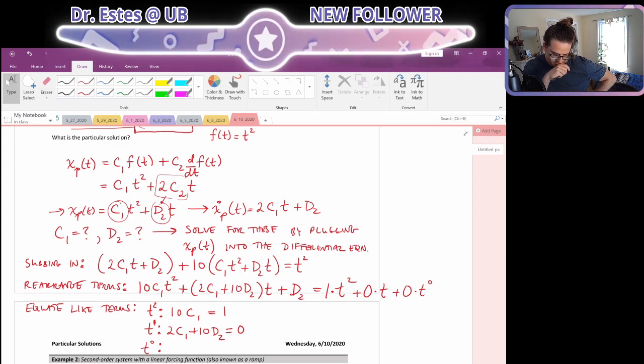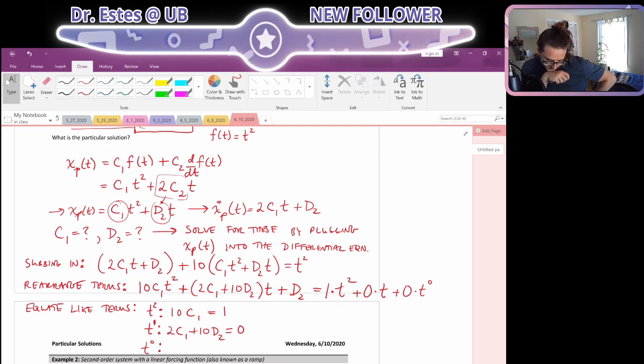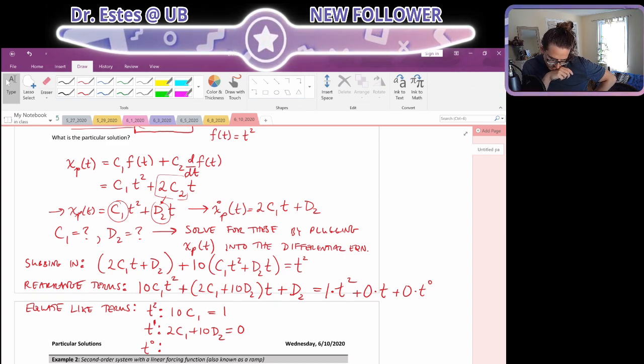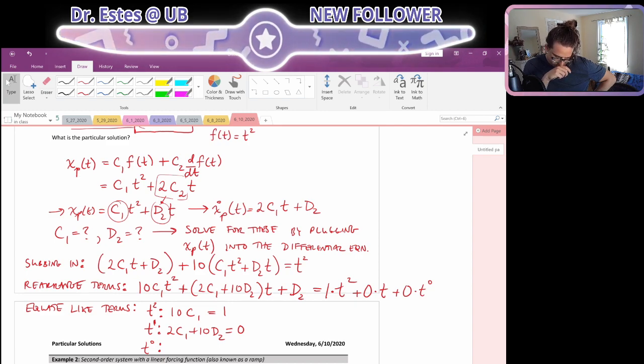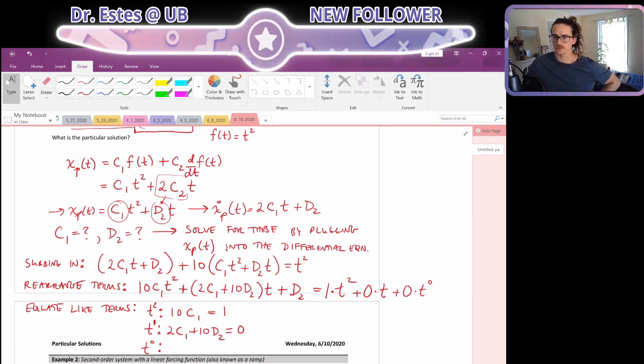Plus 10 times C1 t squared plus D2 t. 10 C1 t squared plus 2 C1 plus 10 D2. Huh. Well, let's keep going with this and let's see what happens.